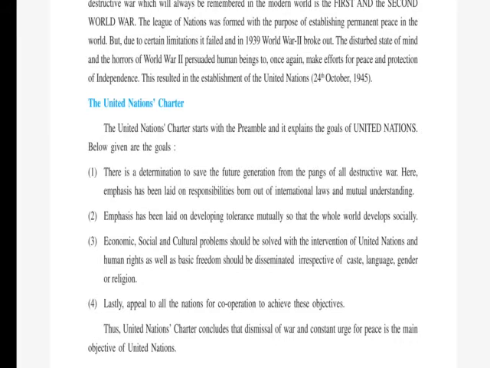When we see our constitution, it starts with a preamble. And what is there in the preamble? In the preamble, the objectives and goals that we have to achieve for our nation are described in short.